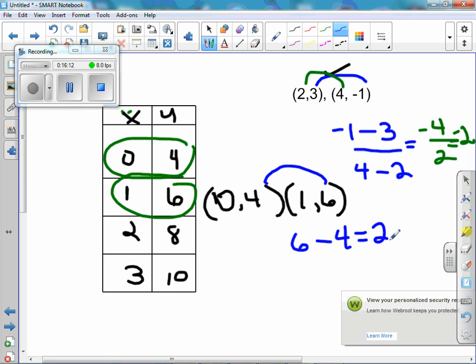And that's going to give us 2. And we can go ahead and subtract 1 minus 0. And that's going to give us 1. So the slope for this table, or the rate of change for this table, is 2. So make sure you understand how to find rate of change or slope either way, if you're given a table or if you're given points.